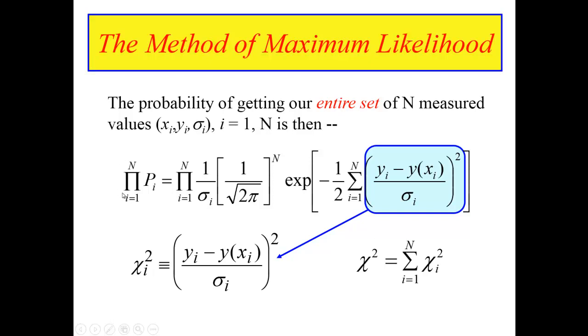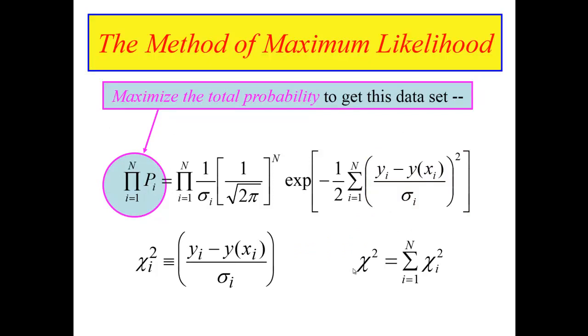So remember, the logic behind the method of maximum likelihood is that in order to maximize the probability that our data set came from a particular parent function, we're going to try to minimize the chi-square value because it appears as the negative term in this exponential function.